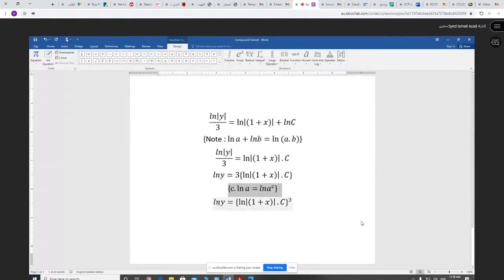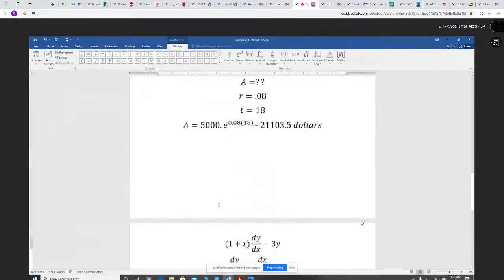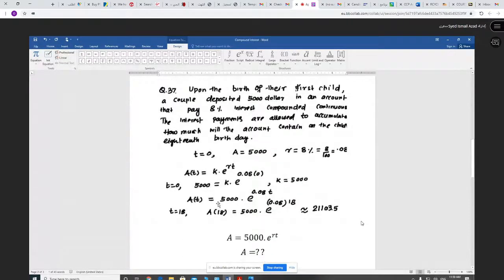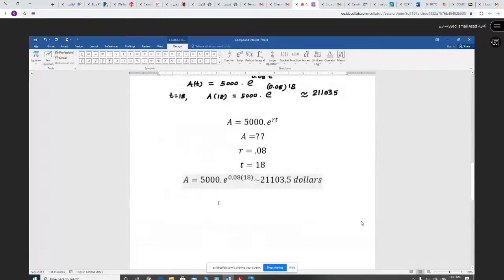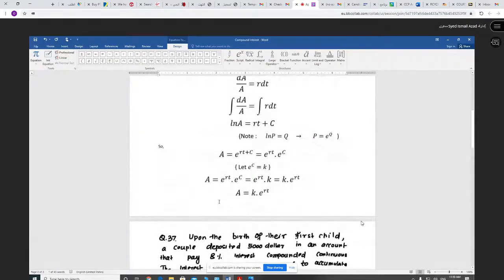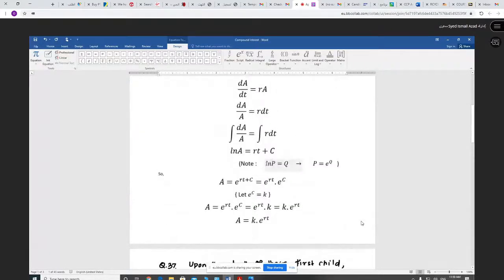Okay, now in the next step, what we can do is use this rule that I told you over here, this one: ln p equals q. So it means you can write down this value p equal to this right hand side. You will bring it and put it as a power of e. This is a rule.